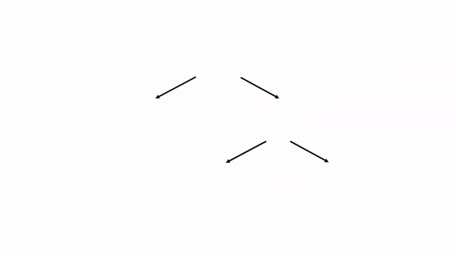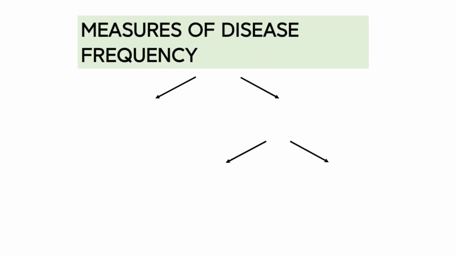Okay? So, now, here we move to the measures of disease occurrence, or measures of occurrence. So, it quantifies how often a disease or condition occurs within a given population. How frequently, or how long, or something like that, right? You measure the disease or illnesses in a given population at risk.